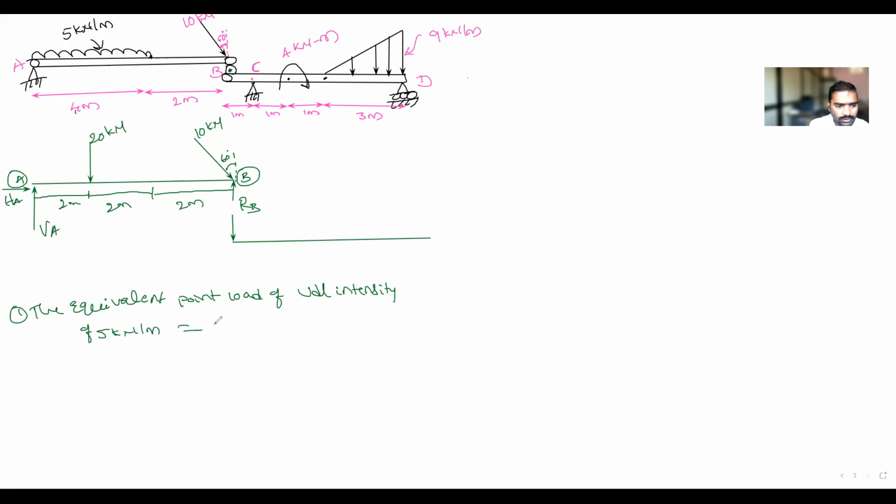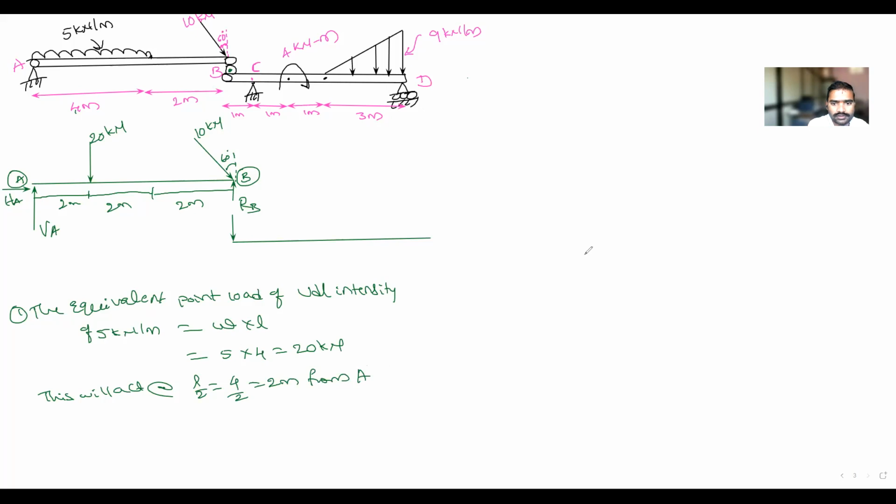To convert, intensity of UDL into length of UDL: 5 into 4 meter, that is equal to 20 kilonewton. This will act at L by 2, where L is 4, so 4 by 2 is equal to 2 meter from A point. Correct?